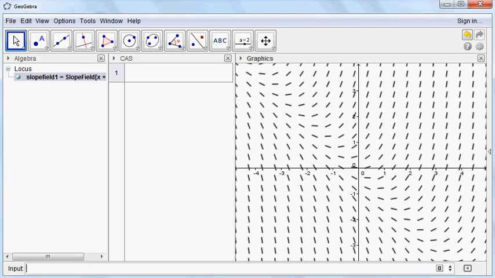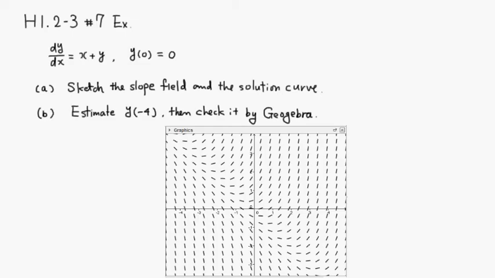So we have that. And what we want to do next is find the solution curve that goes through the origin (0, 0), right? So let's do that. The solution curve going through the origin, so here is the initial condition, y of 0 equals 0, right? Then we want to estimate the solution curve following this direction field or slope field.